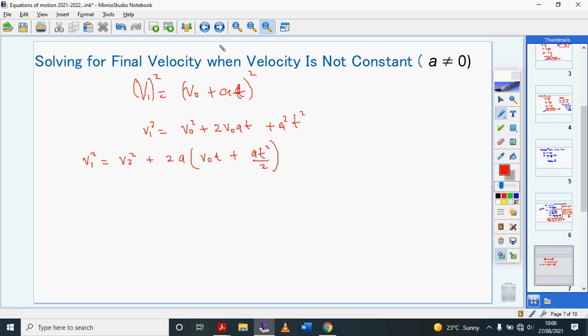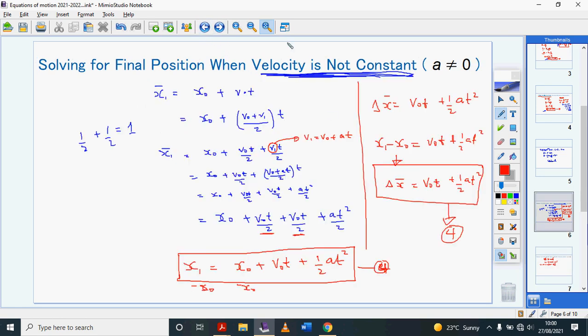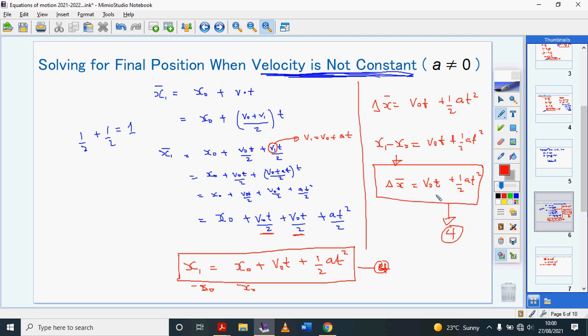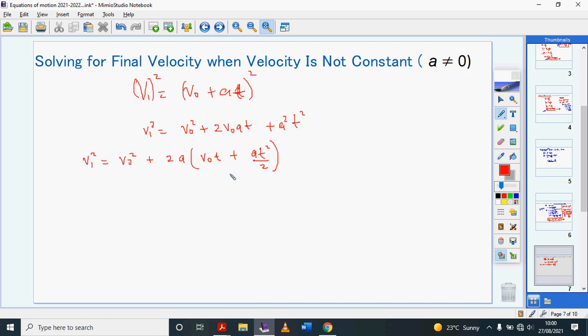So what I have inside the parentheses is v0 t plus a half a t squared. And when I go back here, v0 t plus a half a t squared is the same thing as change in displacement. So I'll substitute all this with one term, change in displacement. This is our fifth and last equation of motion.